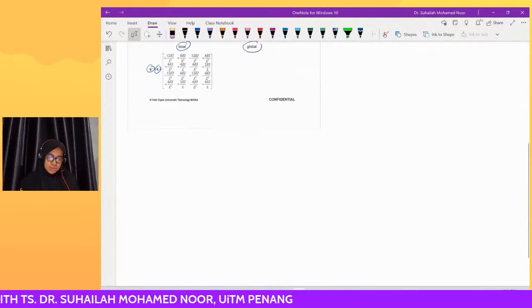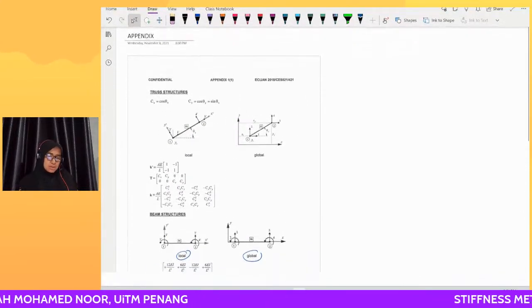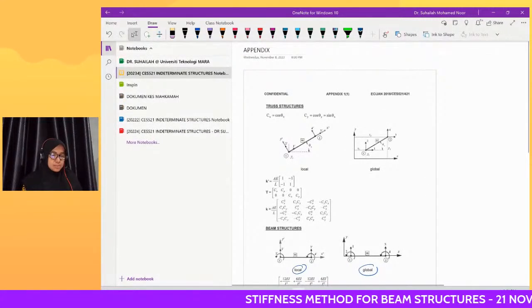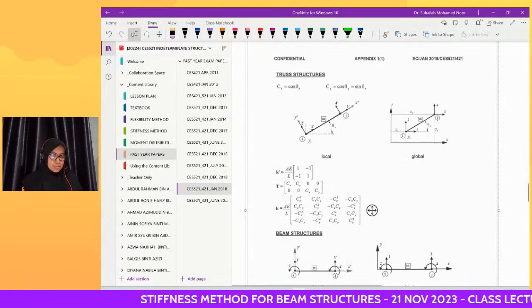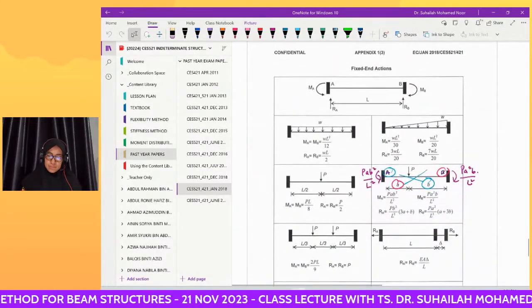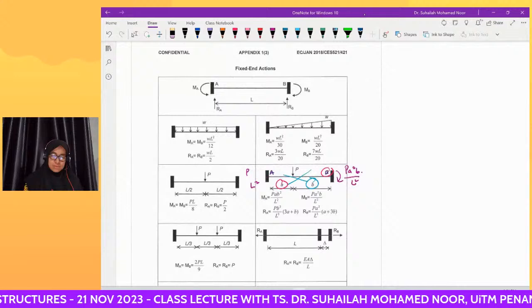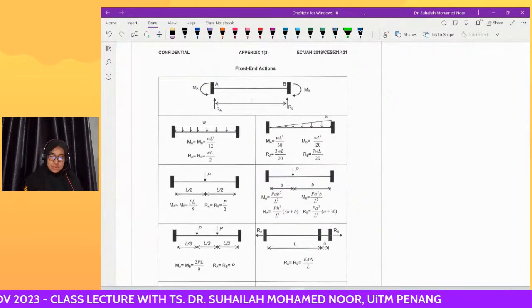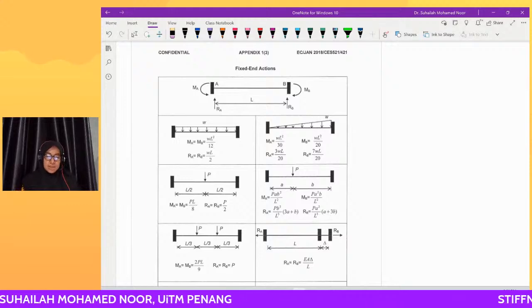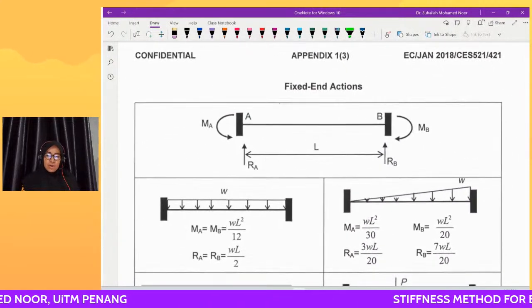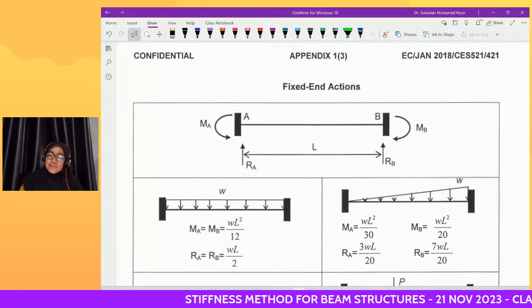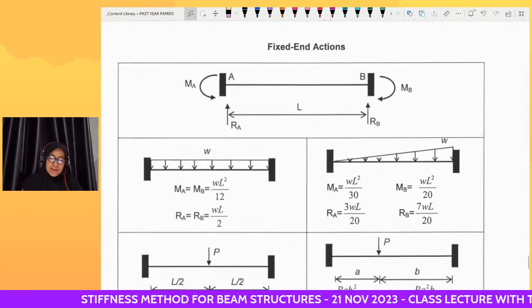Okay, I want to show you appendix page 3. This is only page 1. This one is called fixed end action.